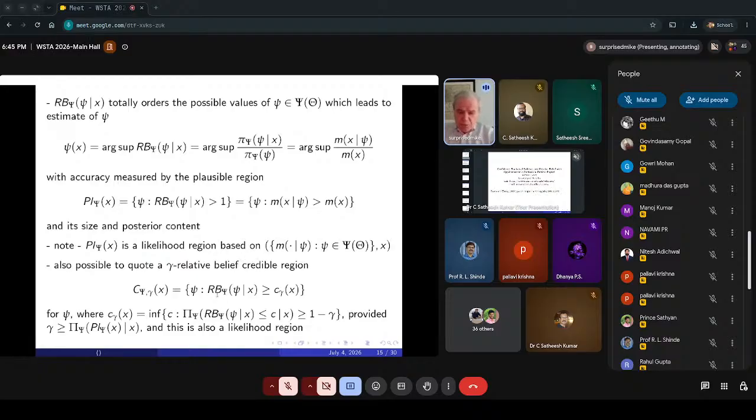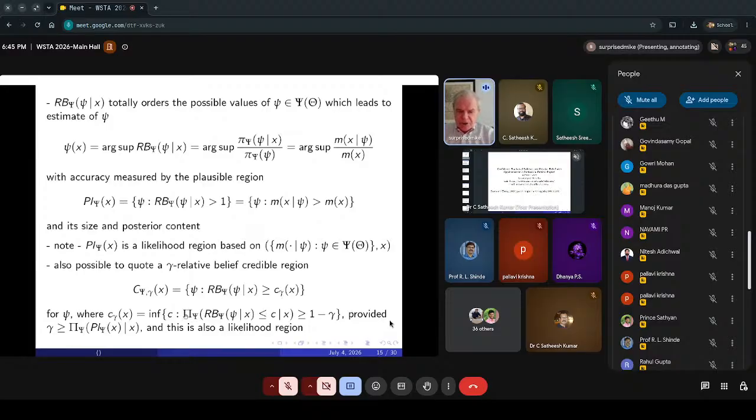Okay. And you can also get relative belief credible regions by taking the relative belief ratio bigger than some constant. That's also a likelihood region, by the way, but there's one constraint on it. We don't want to report values as possible values for psi if there's evidence against them.